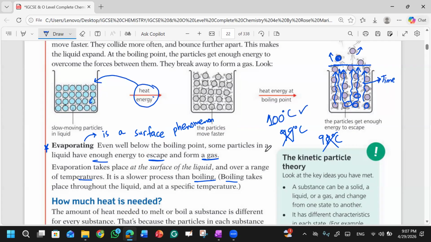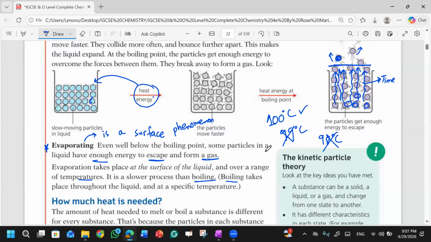For boiling, you need a specific temperature, but for evaporation, you don't need a specific temperature. Evaporation can happen at 60 degrees or 70 degrees. I'm giving you the example of water. Water will boil at 100 degrees Celsius, right? But evaporation in water may occur at 60 degrees, 70 degrees, 80 degrees, at any temperature. So this is one difference.